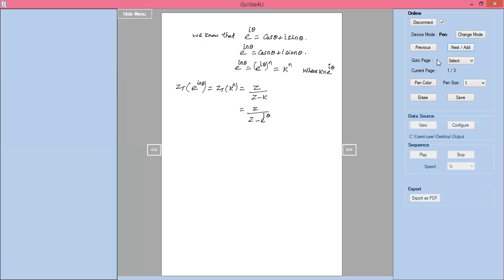Now I will rationalize this z divided by z minus e power i theta. If you rationalize this, you will get z into (z minus e power minus i theta) divided by (z minus e power i theta) into (z minus e power minus i theta). If we multiply the numerator, we get z into (z minus e power minus i theta).